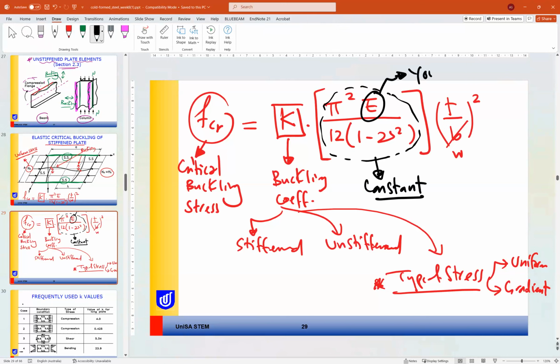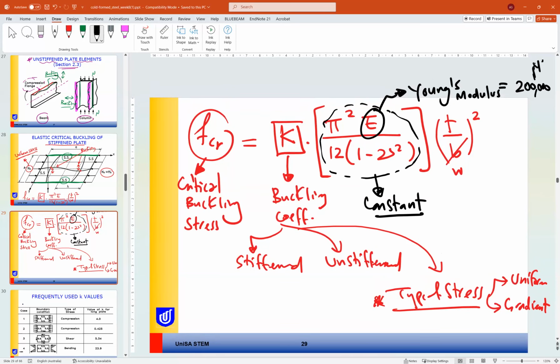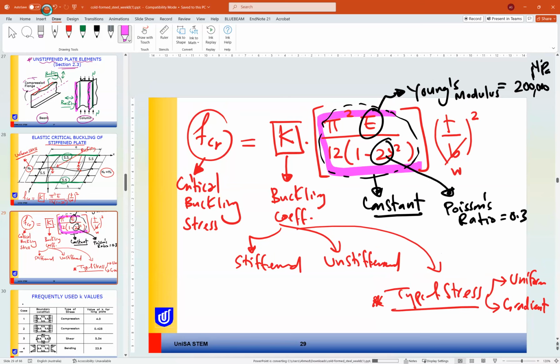How much is Young's modulus of steel? Do you know? 200,000 MPa or 200 gigapascal. What is ν? ν is the Poisson's ratio of steel, which is 0.3. So this means this number is a constant. If each of them is constant, then this number in total is a constant.